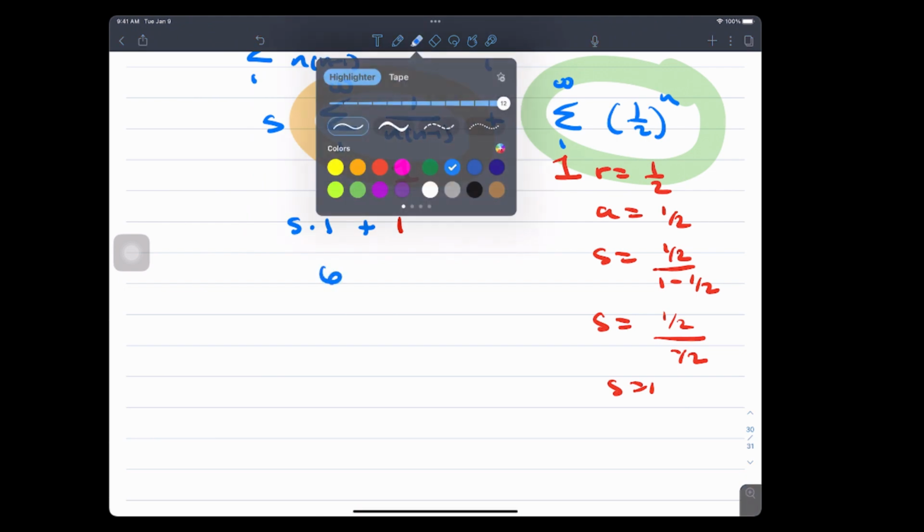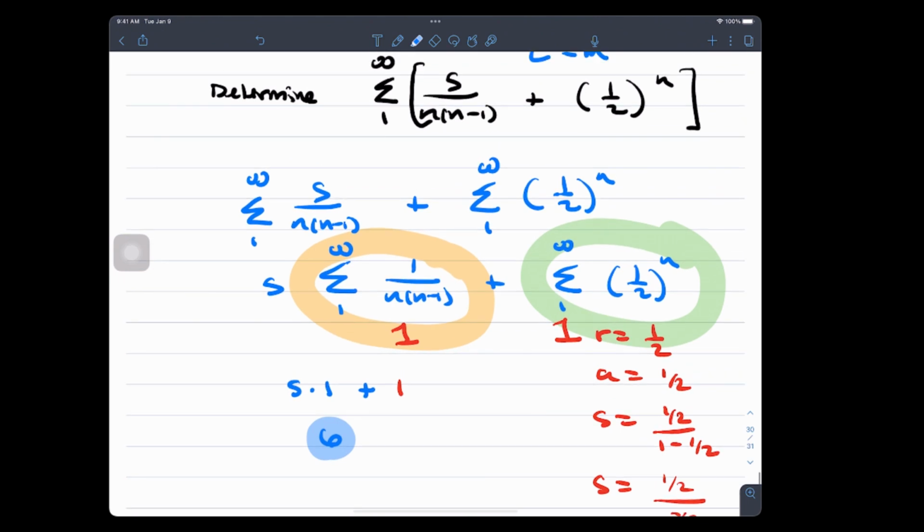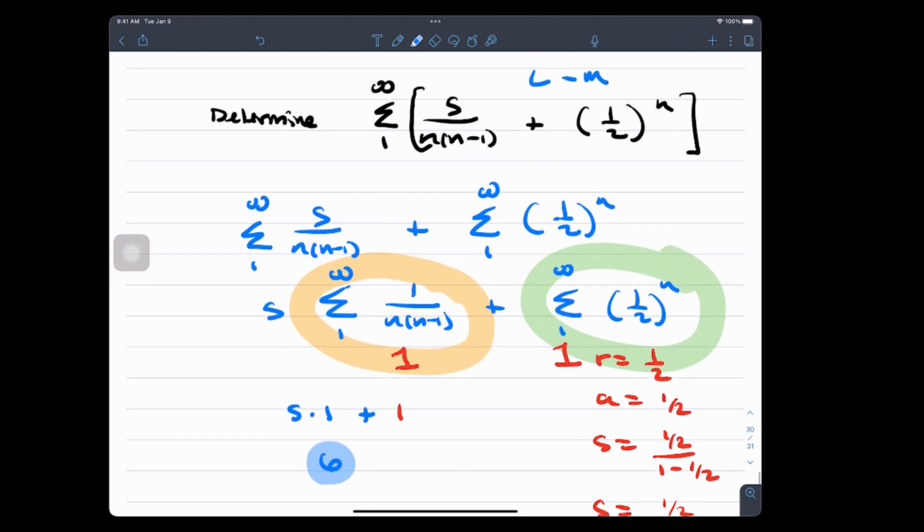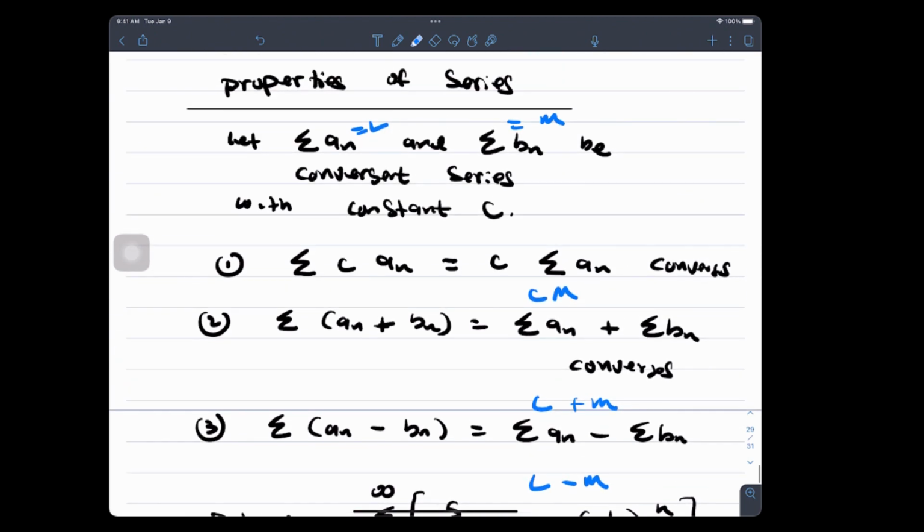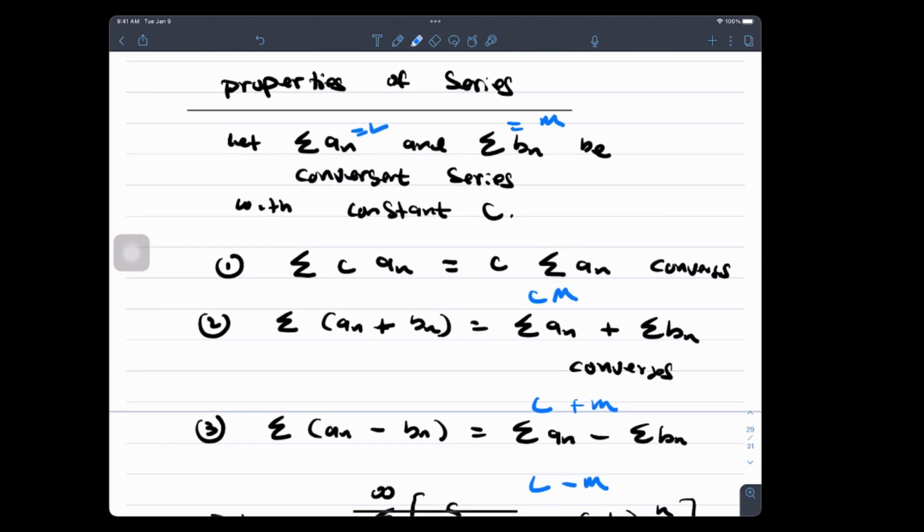So that's all they're asking you to do if you ever have to find this big series. You go, oh my God, that's a big hairy series. But no, they want you to go back and remember these series properties. It's really a constant times that term: pull out the constant. The sum of two terms, look at them separately and add. The difference, look at them separately and subtract.